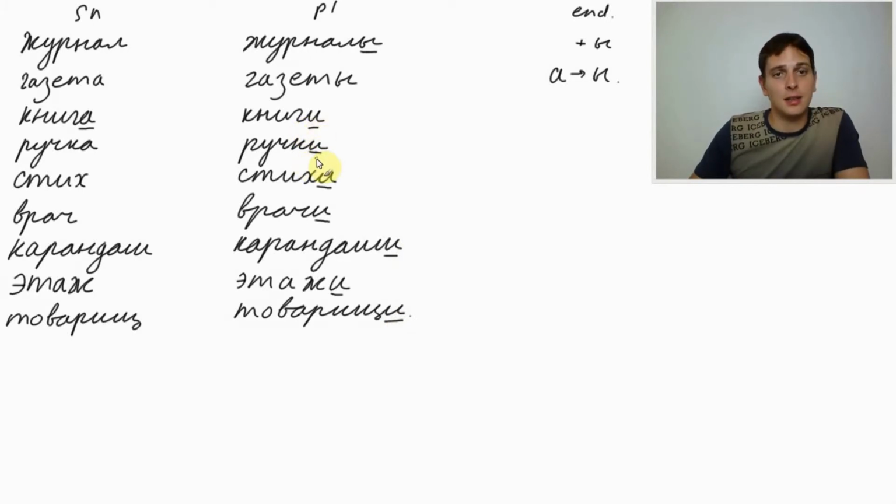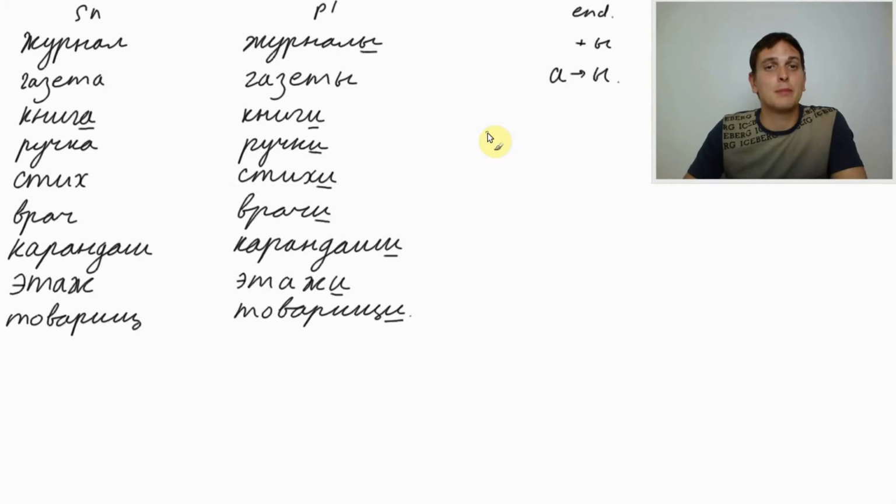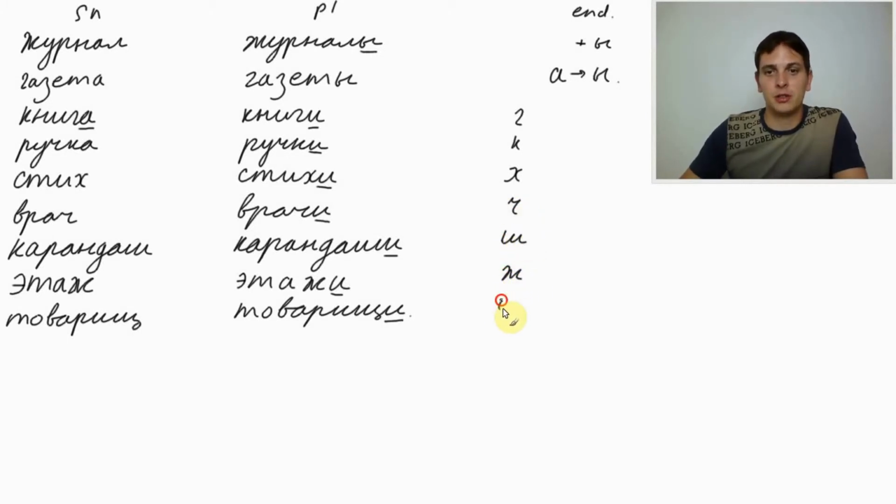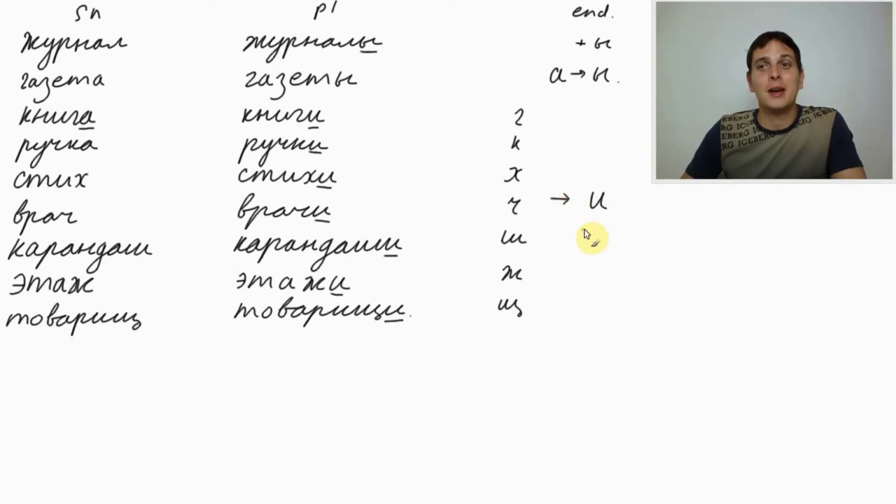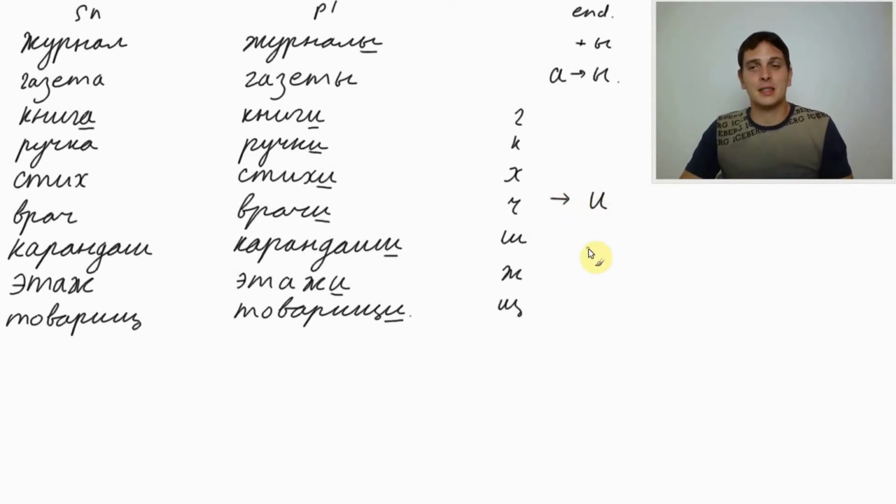Hard consonant and И. And these consonants have a special pattern. Basically, we learned a special rule, a spelling rule. The spelling rule says that after the consonants Г, К, Х, Ч, Ш, Ж, and Щ, we are allowed only to write И. Well, if we have a case where we need to choose between Ы and И, we have to write И.